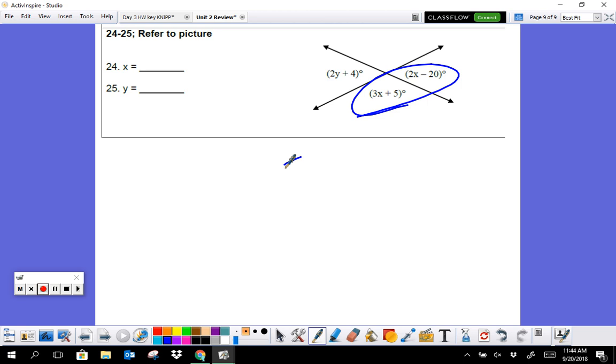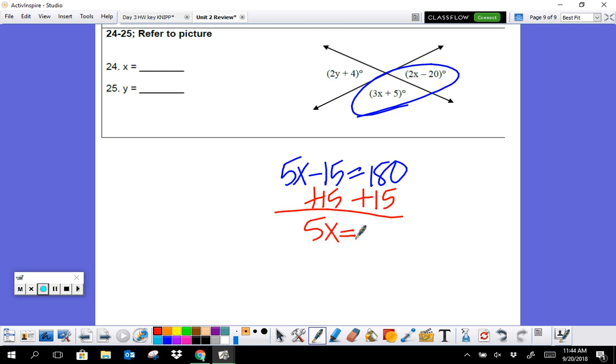So if I add those, that would be 5x minus 15 equals 180. Now I'll add 15 to both sides. So 5x equals 195. And if you do 195 divided by 5, you get x as 39.